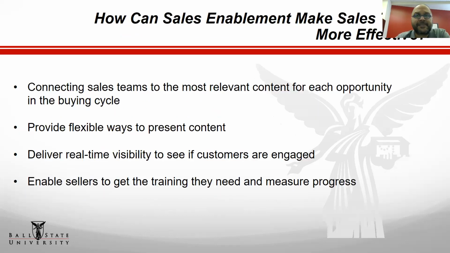So how can sales enablement make sales teams effective? Of course, as I said earlier, depending upon where and when they're talking to their customers and the persona of the customers, you can help by giving salespeople the right content to talk to the right customers at the right time.